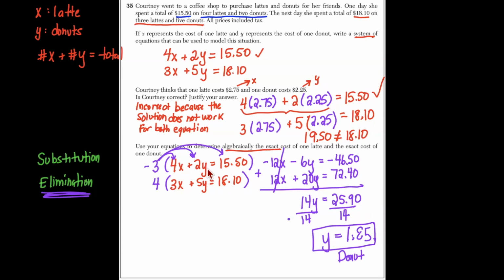I need to take this and substitute it. It doesn't matter which equation, any of these two equations. I'm just going to stick it into the bottom one. So bring this down now. I've got 3x plus 5 times y, and y, we just figured out, isn't just y, it's 1.85, is equal to 1810.